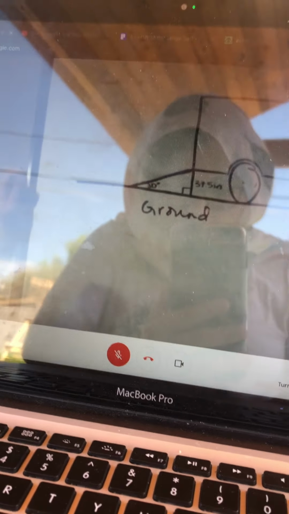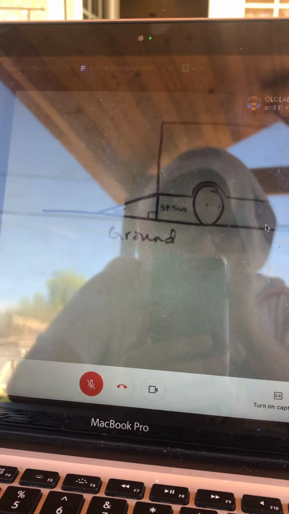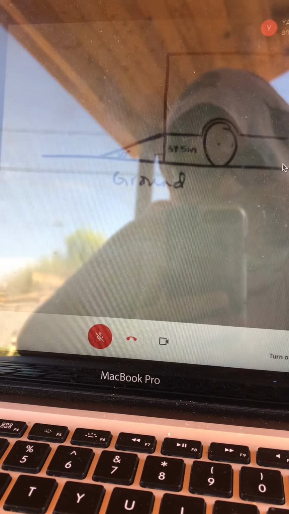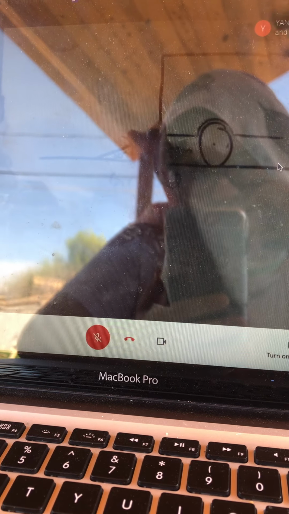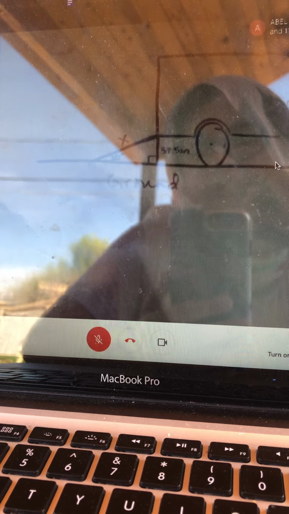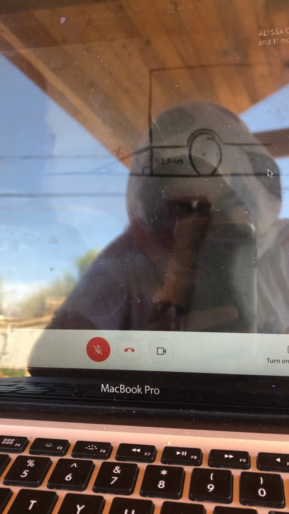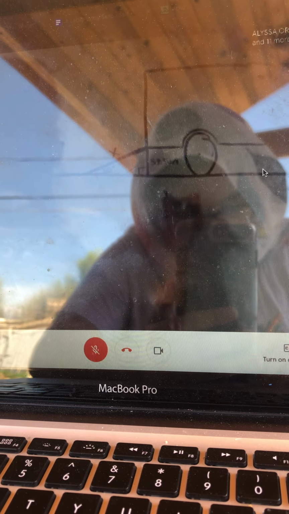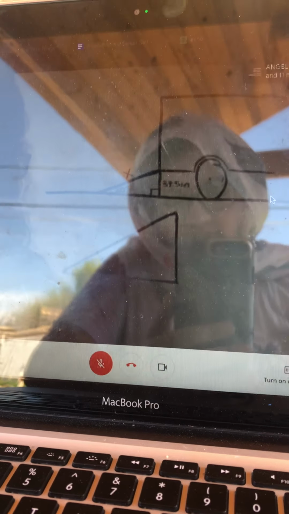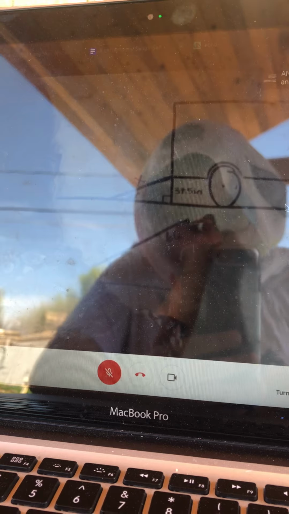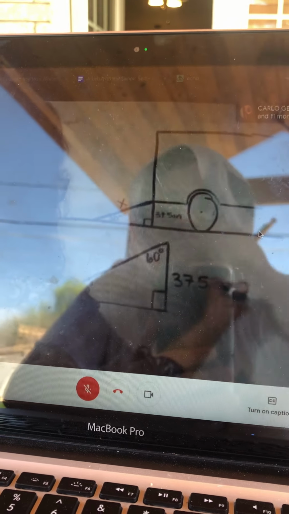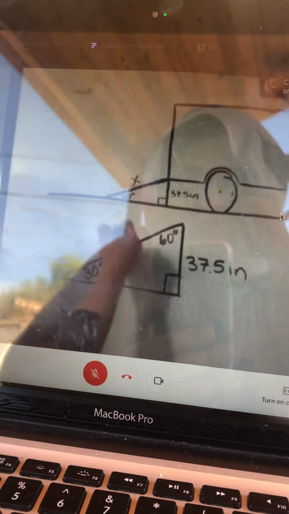It wants to know, what does it say? Find the length of the ramp. So that's the actual drawing. But all we really need to focus on is this right here. So it's a 30, 60, 90 triangle. This is 37.5 inches. And we want to find this.